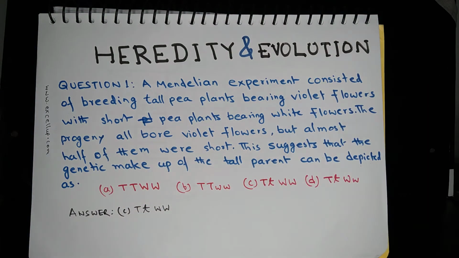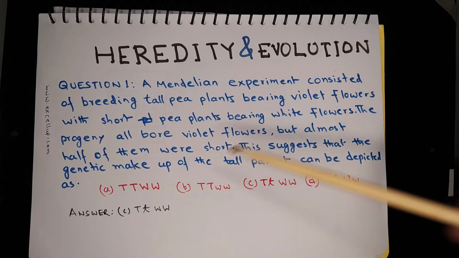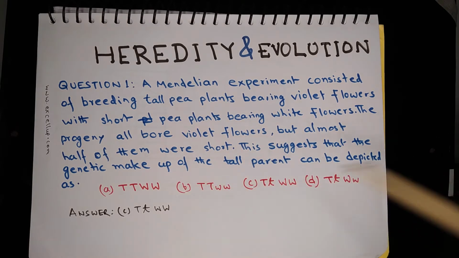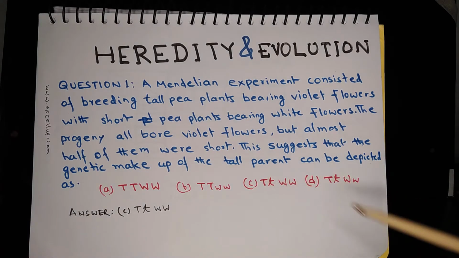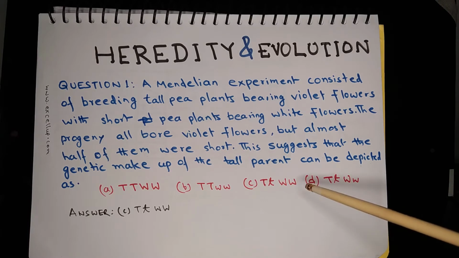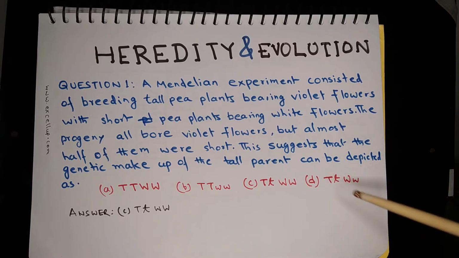Option A is TTWW, all capital. B is TTww, with capital T's and small w's. Then C is capital T followed by small t followed by capital W's, and the D option is capital T, small t, capital W and small w.